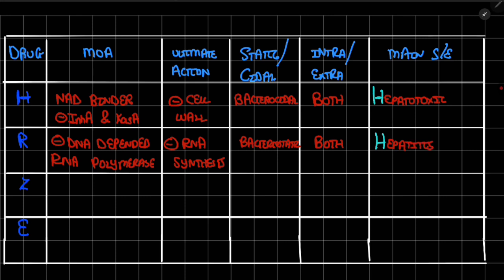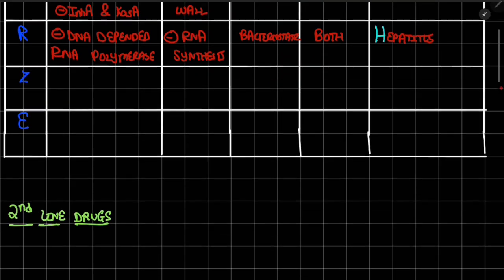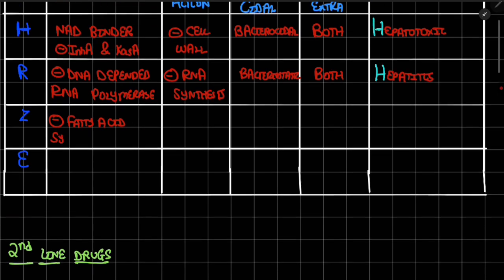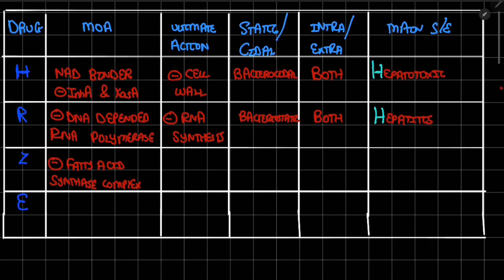Okay, coming to pyrazinamide, what was the mechanism of action? It inhibited the fatty acid synthase complex. So if the fatty acid synthase complex was inhibited, the ultimate action was negative cell wall synthesis.